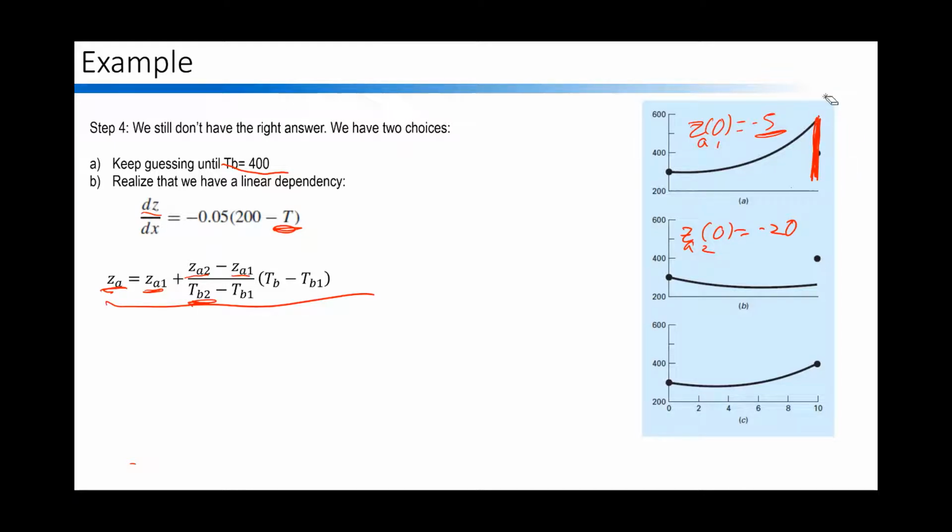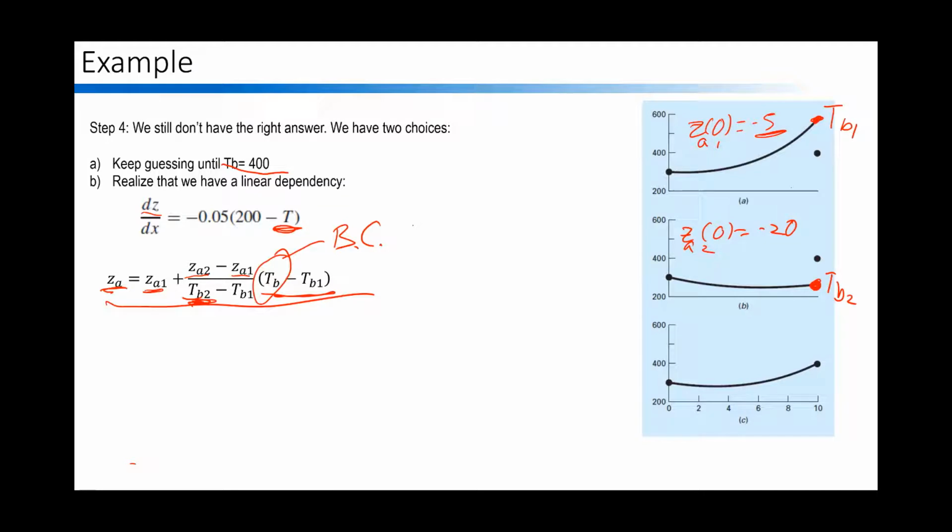So I have over my TB2, so that's this point, TB2 minus TB1, so that's this point, times TB minus TB1. In this case, this TB is the boundary condition, right? So that's that second boundary condition that we are looking for.